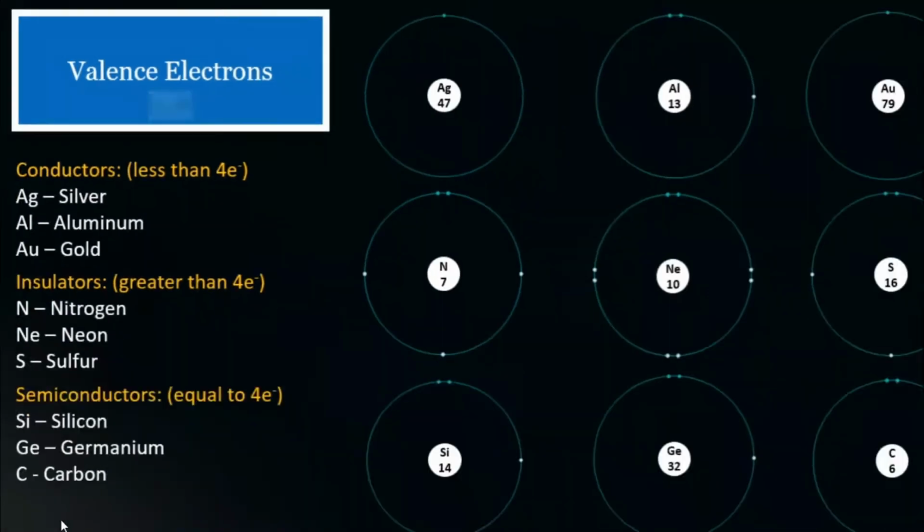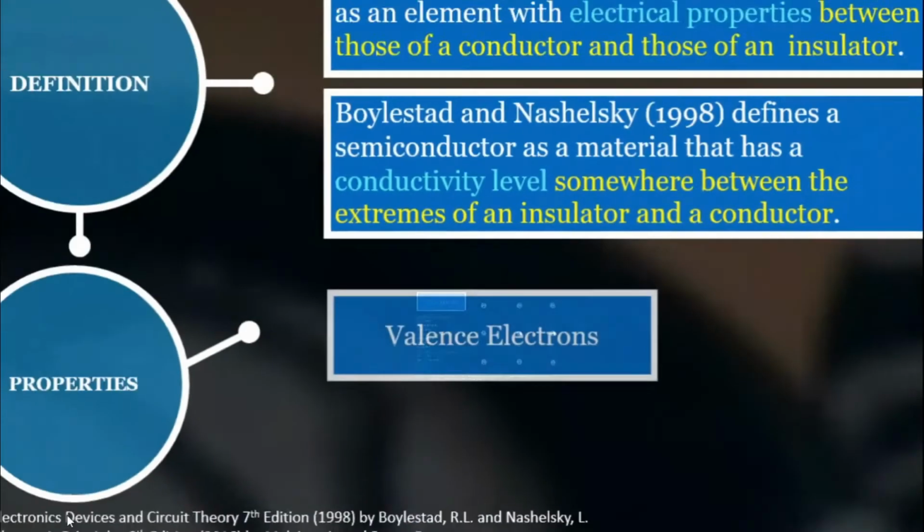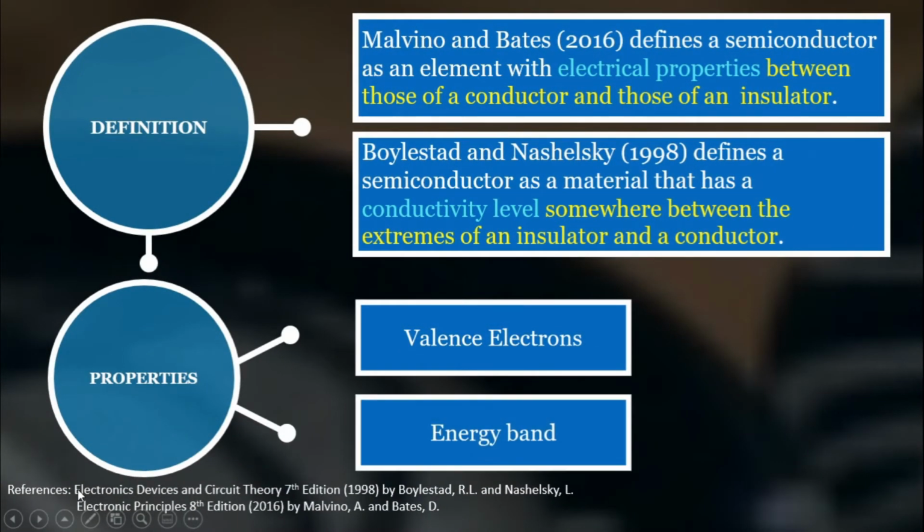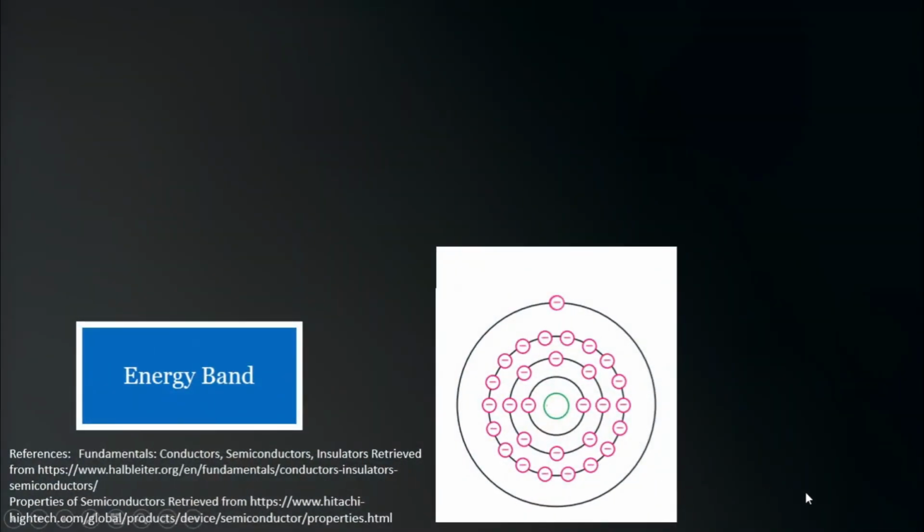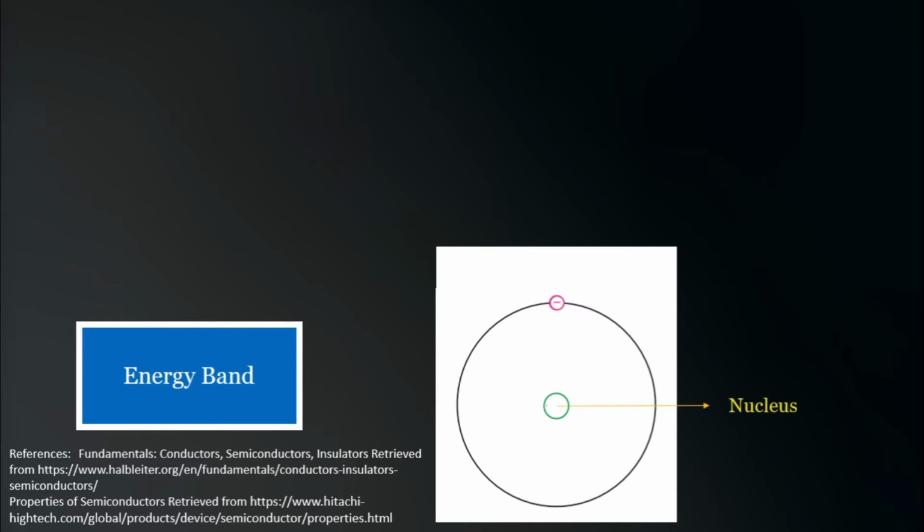The next property of a semiconductor that needs to be explained is the energy band. Before we explain the energy band model, we'll start with something that we are already familiar with. Here, we have the nucleus, the valence orbit, and the valence electron.